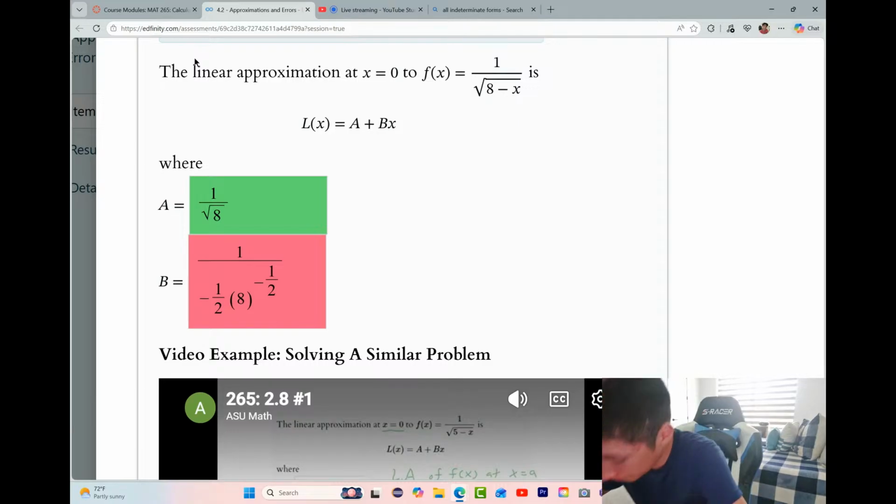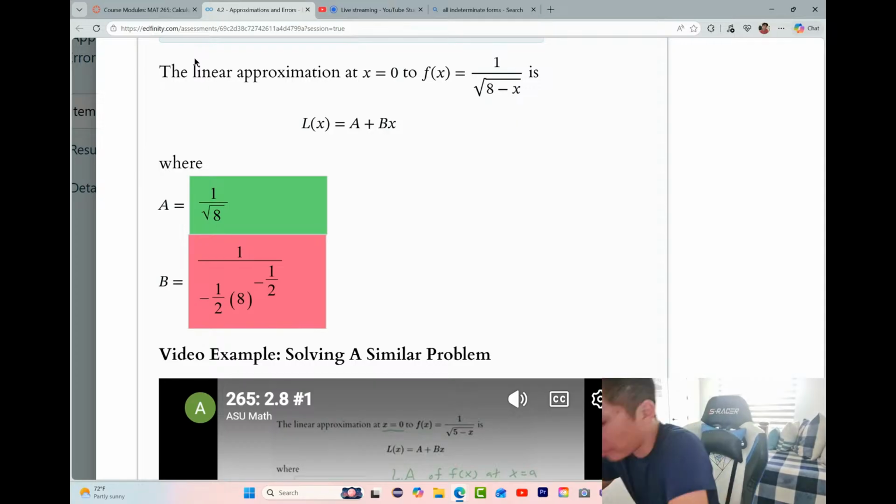Okay, so f prime of x equals, and then we get negative 1/2, 8 minus x to the negative 3/2. That's how they got that. I see. Times negative 1. So this equals 1/2, 8 minus x to the negative 3/2.